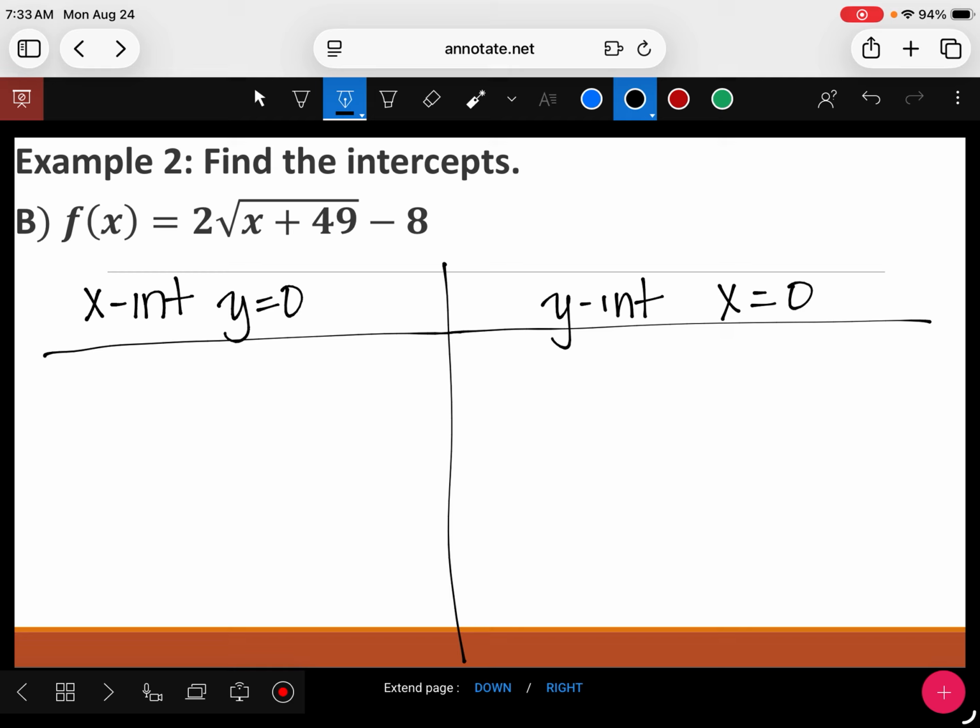Because the square root, if you remember order of operations, is an exponent of 1/2. So we do our exponent before we multiply.